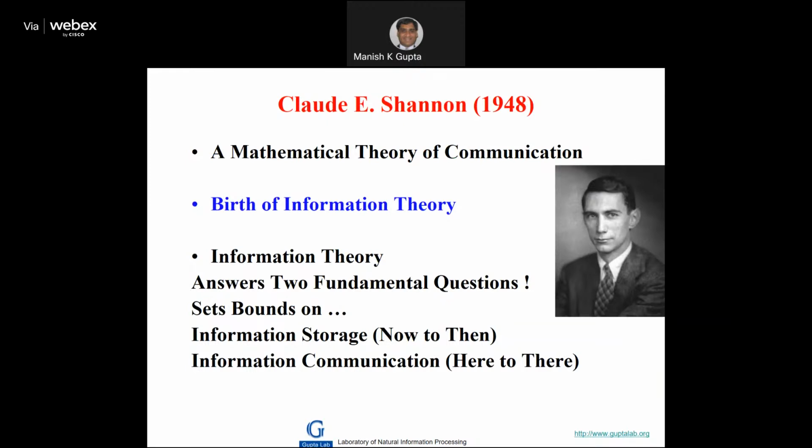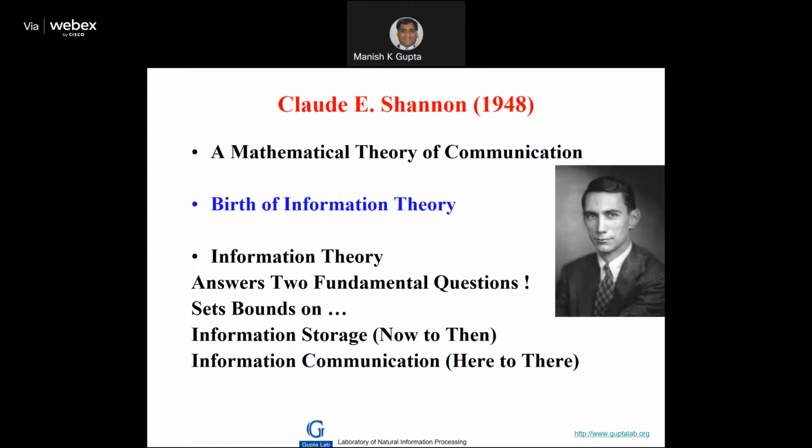Basically, he gave the idea of what is the ultimate capacity through which you can transmit bits, or if you want to store data or compress digital data, how much you can compress. And he gave this probabilistic paper. You can read this paper, Mathematical Theory of Communication. It's a very beautiful paper. This gave birth to information theory, right?